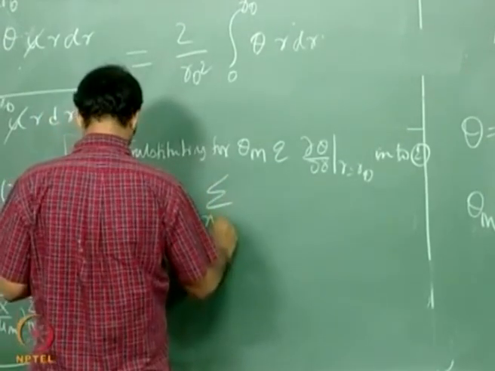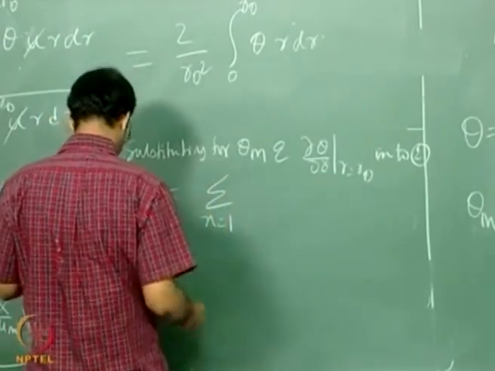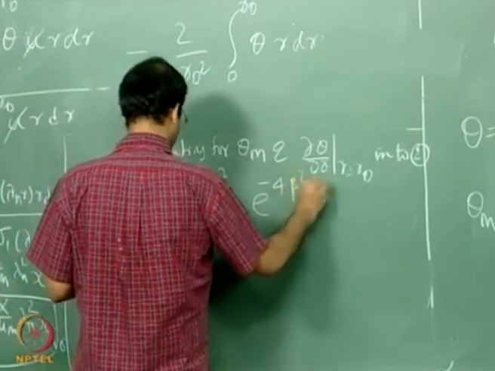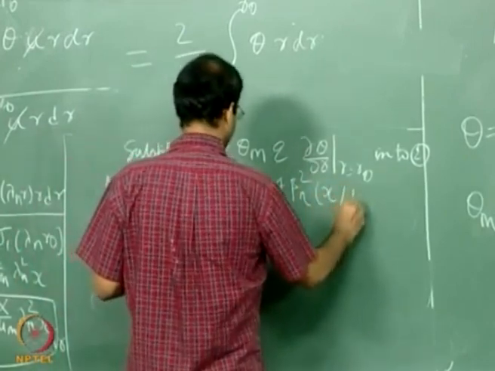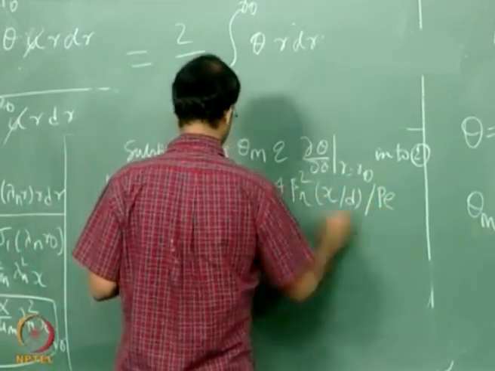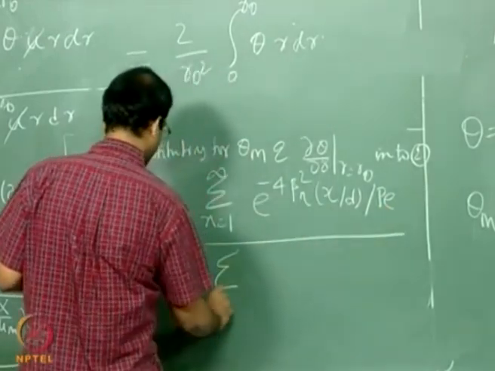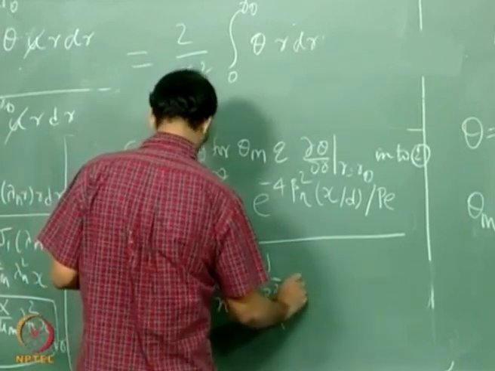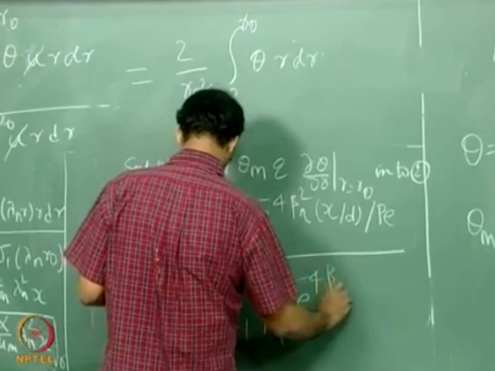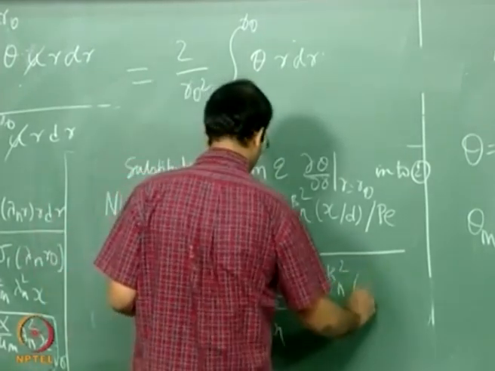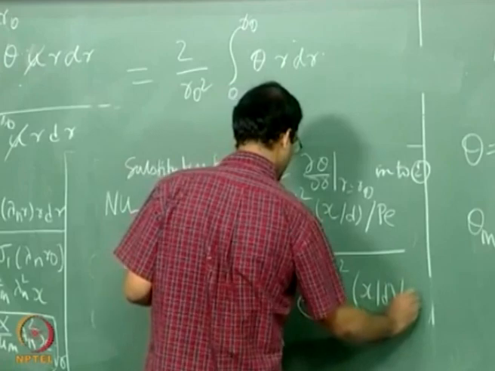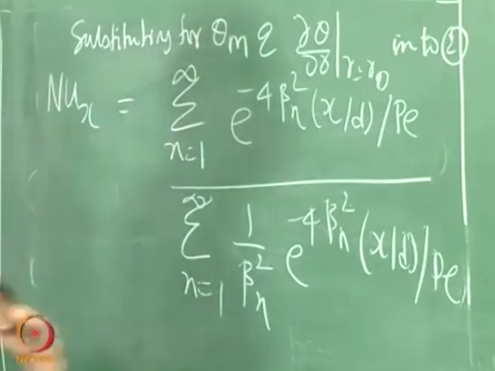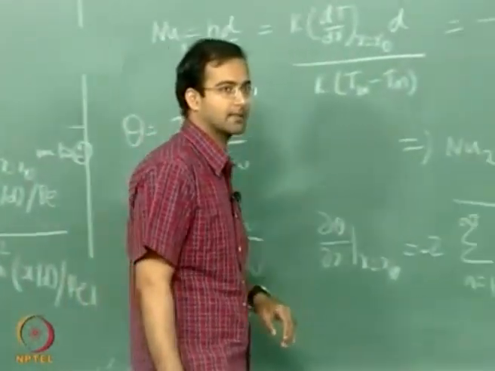The final expression, I think if you cancel off some common terms, which is straightforward, you can do that, you will get minus 4 beta n square into x by d by Peclet number divided by summation n equal to 1 to infinity beta n square e power minus 4 beta n square into x by d by Peclet number. Okay, this is the final expression for Nusselt number as a function of x.